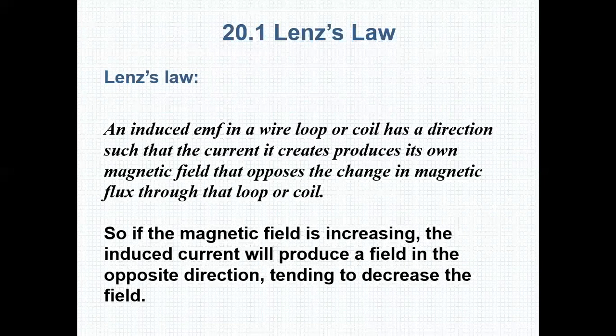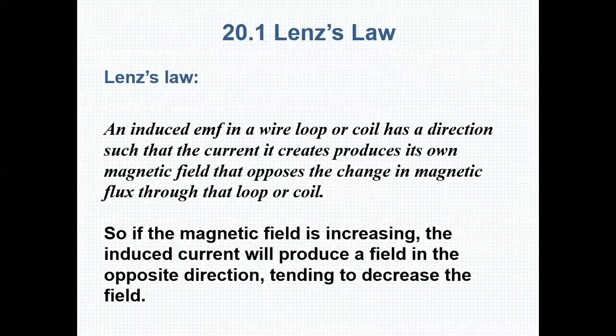If the magnetic field is decreasing, meaning you are taking a bar magnet away from the coil, that is the magnetic field is decreasing, right? And the induced EMF will be in such a direction that it will increase the field, right?